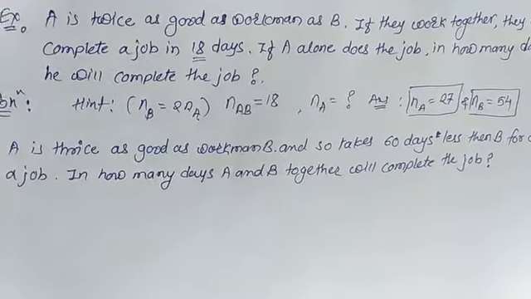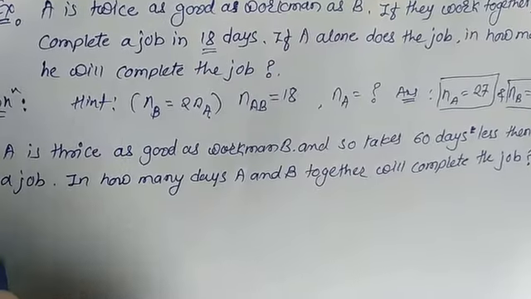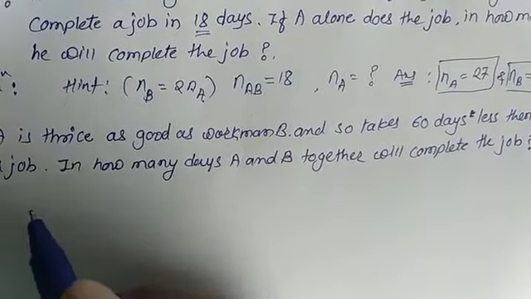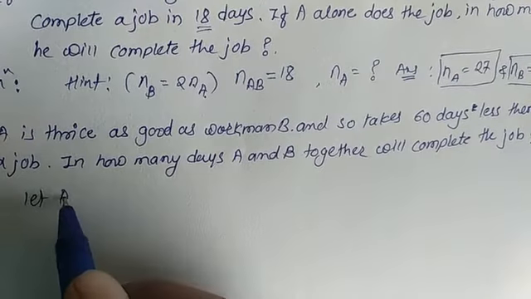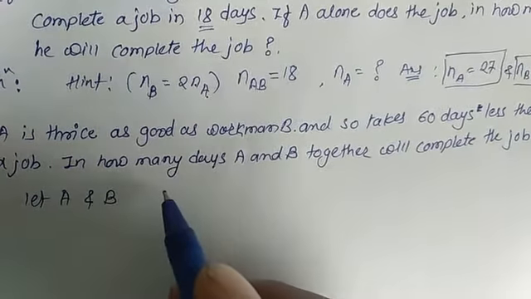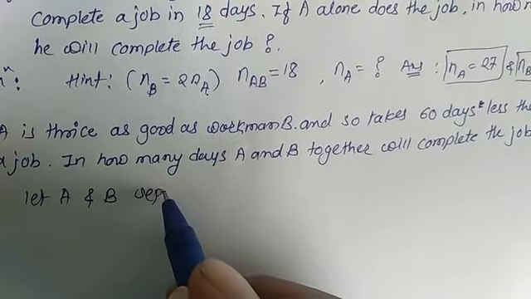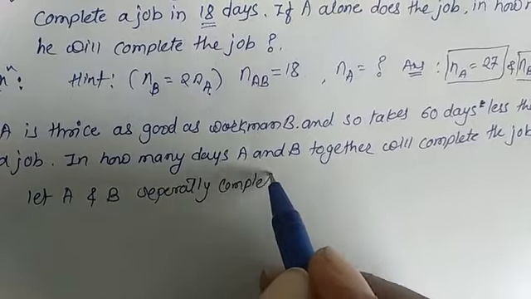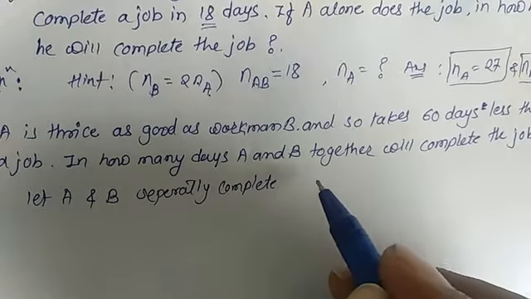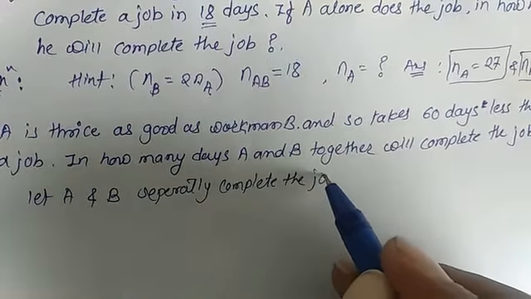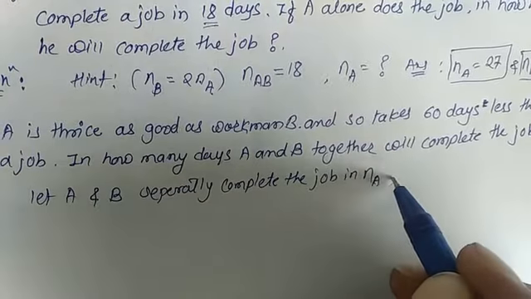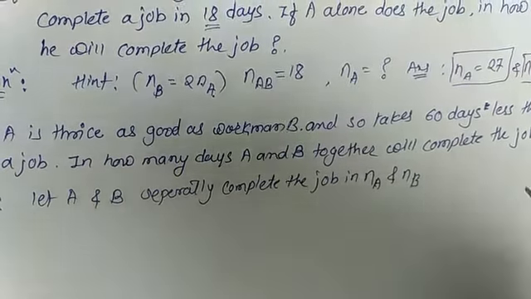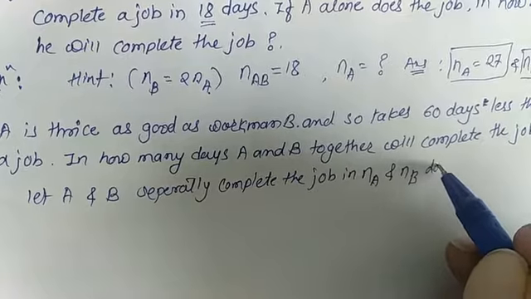Okay, so here in the solution you can write, or you can first define, let A and B separately complete the job in n to the base A and n to the base B days respectively.